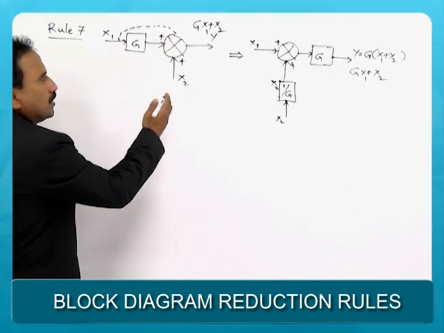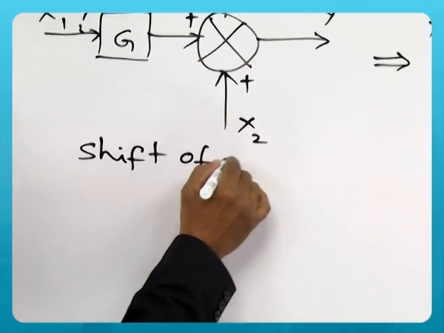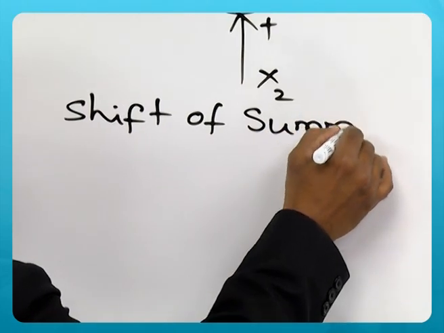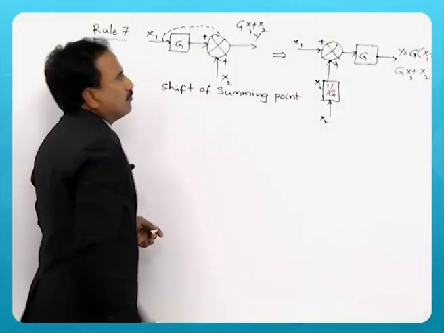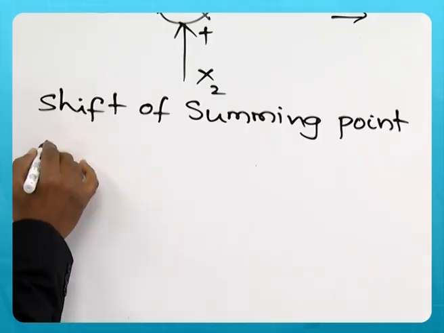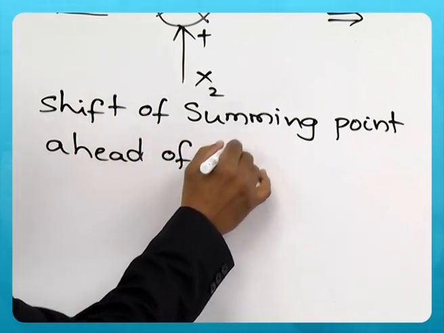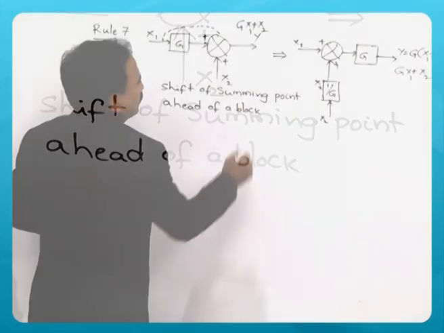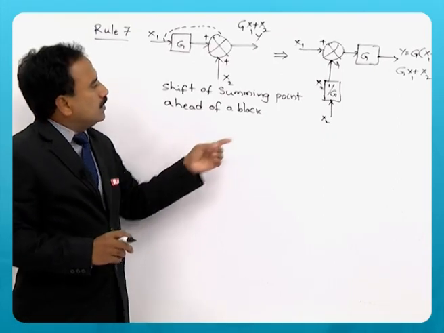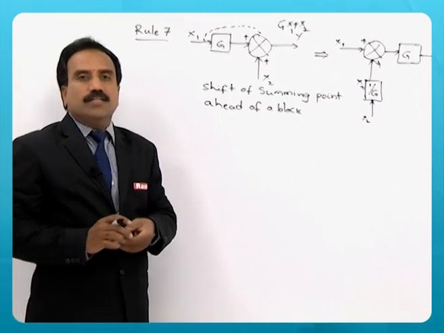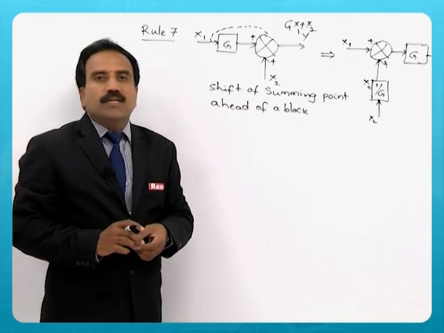So, this is rule 7, shift of summing point to ahead of a block. So, here also an additional block of 1 by G is generated, as the output should remain the same.